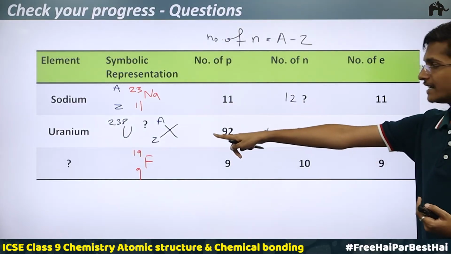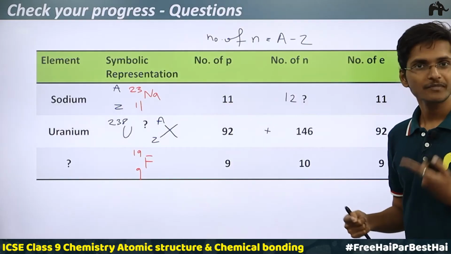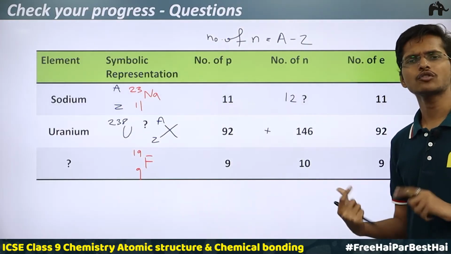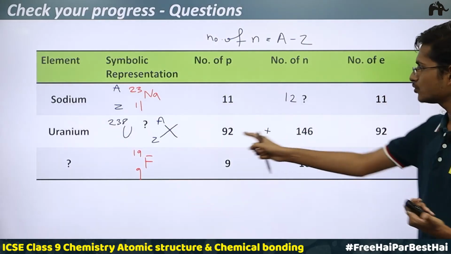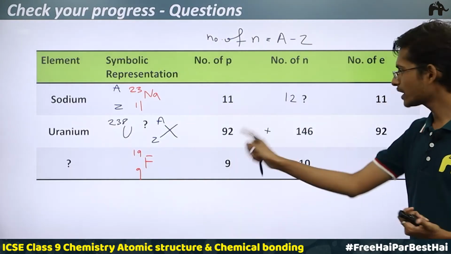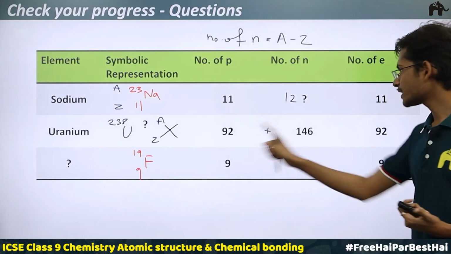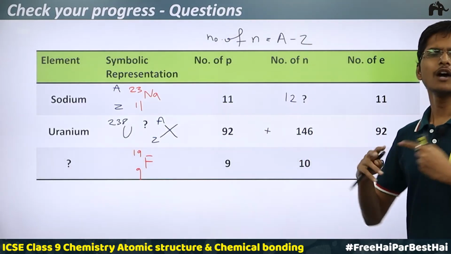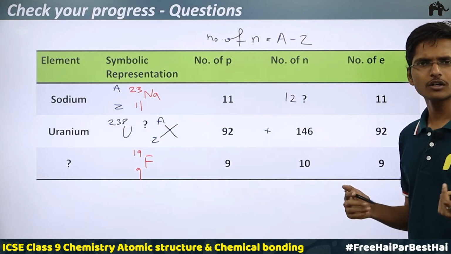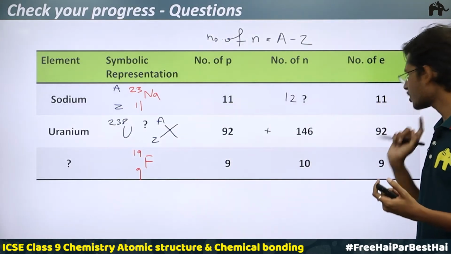And Z is the atomic number, which is equal to the number of protons or the number of electrons in a neutral atom. So see, number of electrons 92, number of protons 92. Since the number of electrons and protons are the same, we are talking about a neutral atom. How can you figure out whether an atom is neutral? You can just see the number of protons and electrons.